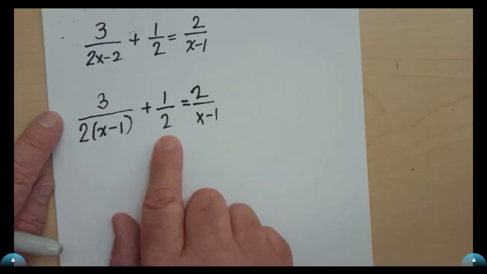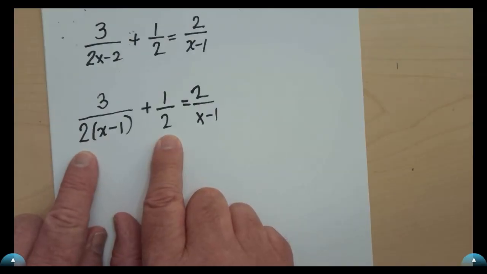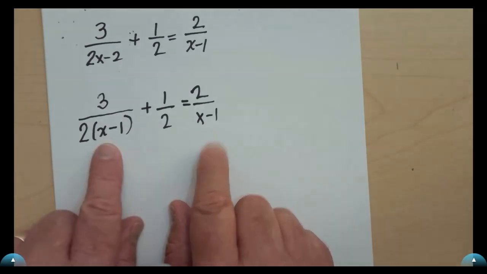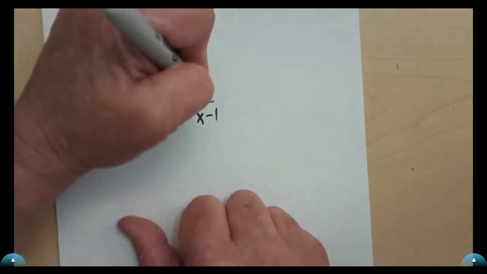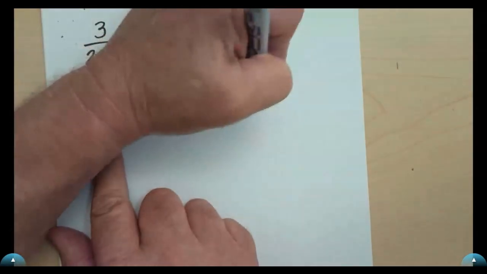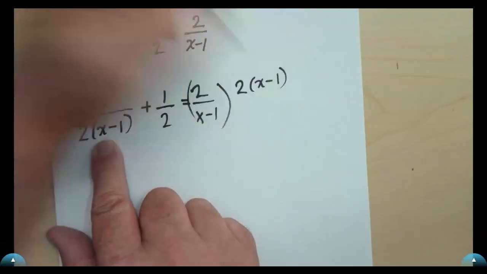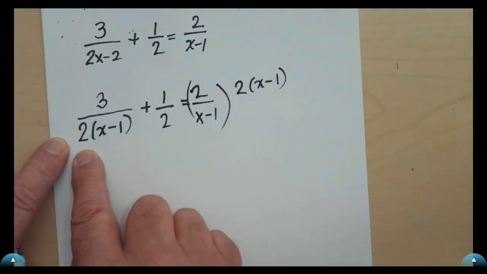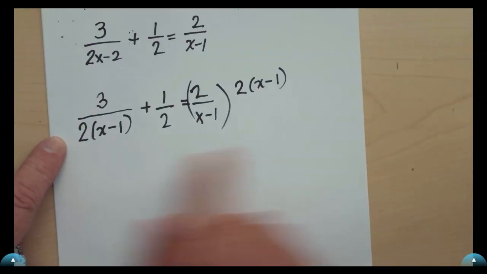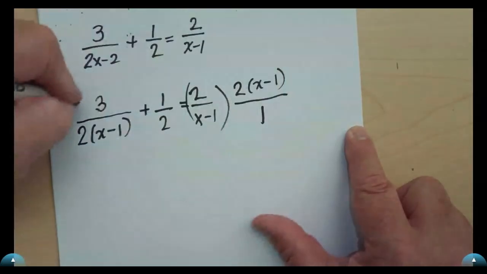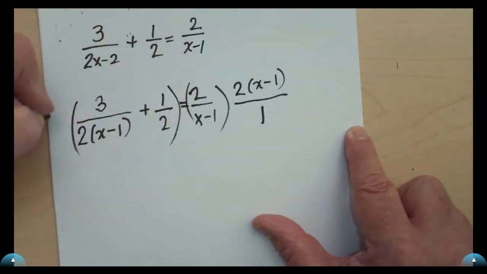In this denominator, we need a factor of 2, and we already have that. In this one, we need a factor of x minus 1, but we already have that. Then that is our LCD, 2 times x minus 1. Every factor that appears in any of these denominators is covered if we just use 2 times x minus 1. Everybody see that? So, of course, I've got to multiply both sides times that.